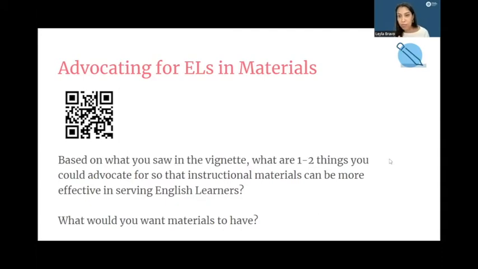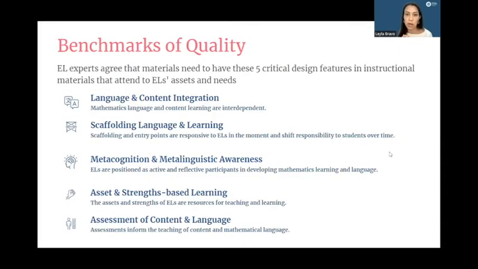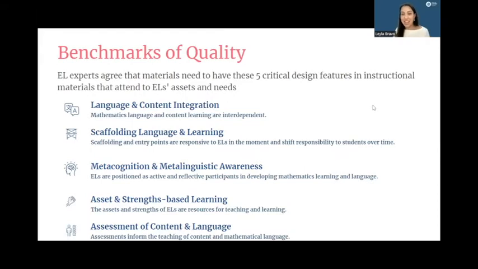And I'm going to get a chance to share with you all one of the tools that English Learner Success Forum has developed, called the benchmarks of quality. A lot of what you all are saying here is in these benchmarks. And this tool really names the 5 critical design features in instructional materials that attend to English learners' assets and needs.